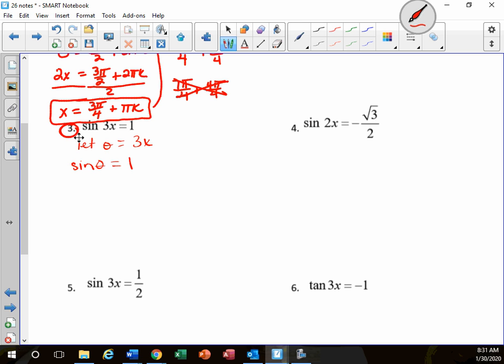Theta equals this comma the other, or you can choose either of them. Alright guys, let's go through this one, and we'll try some more.